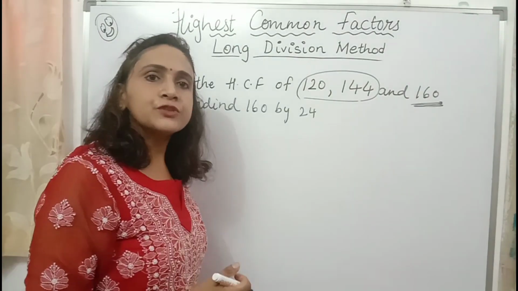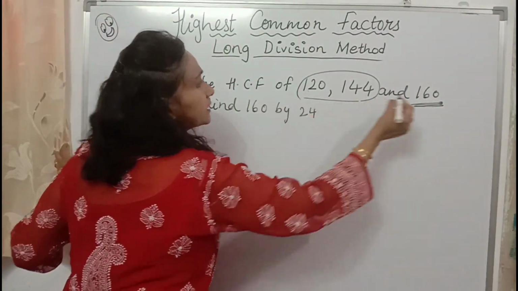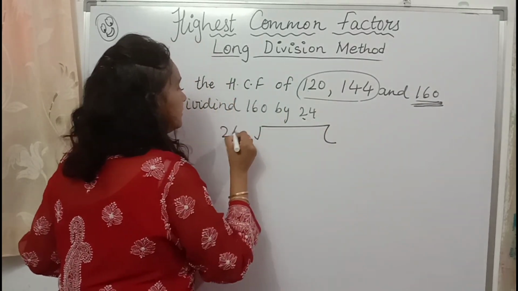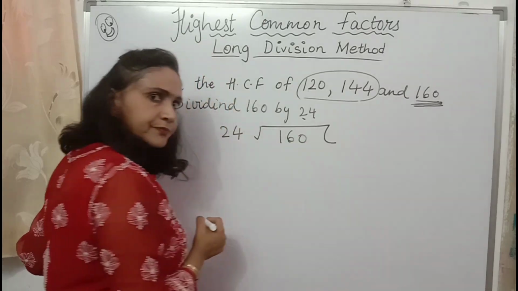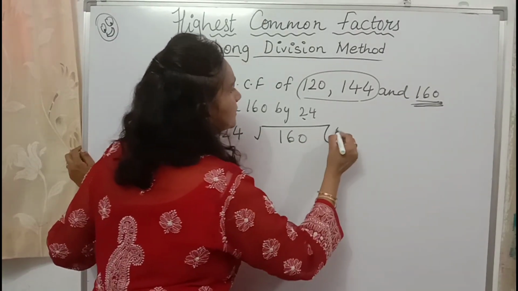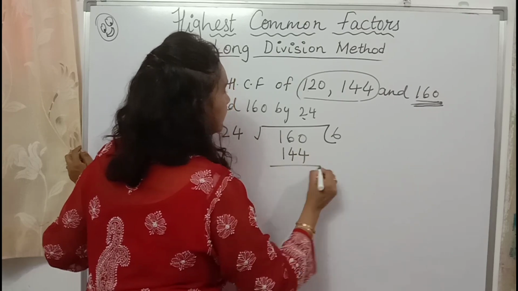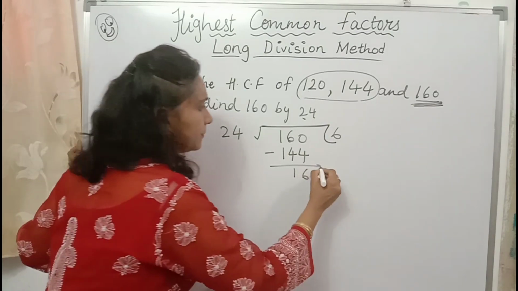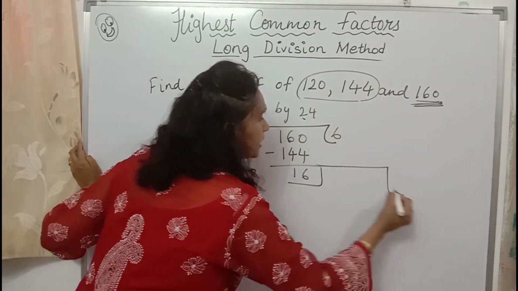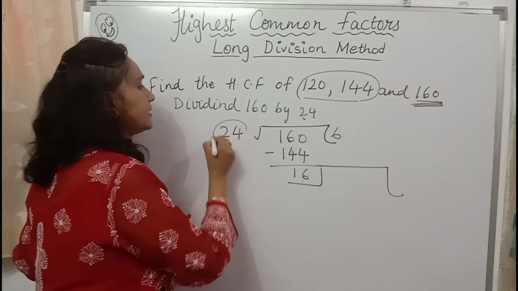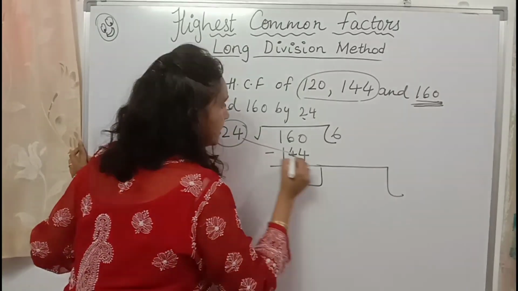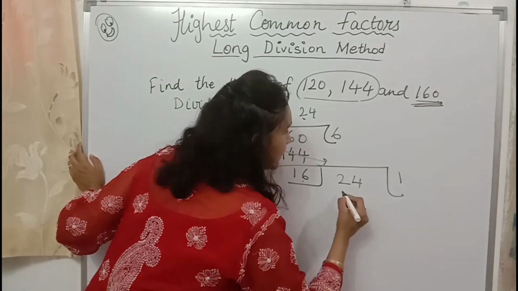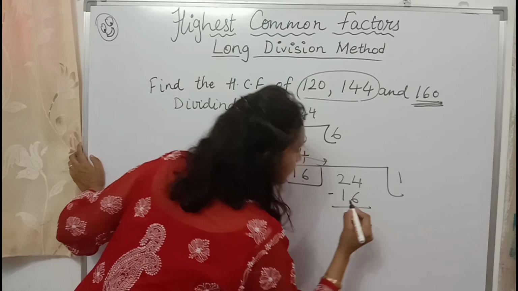Now let's see. Children, see, we will divide the third number by the HCF of the first 2 numbers. 160 divided by 24. 24 6s are 144. Again the remainder will come. We will subtract. Now what will you do? Make a bracket here. The remainder has become your divisor, and this divisor is coming here and becoming your dividend. 16 ones are 16, minus 8.